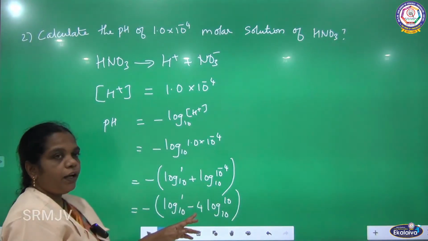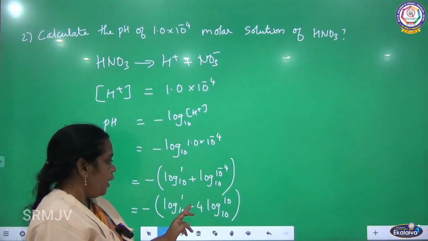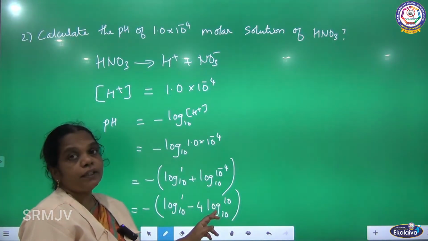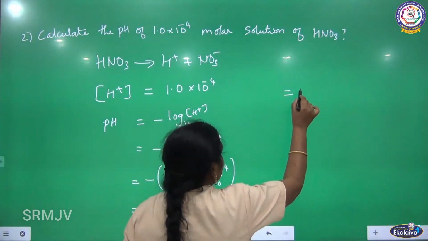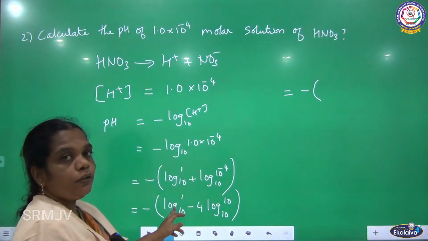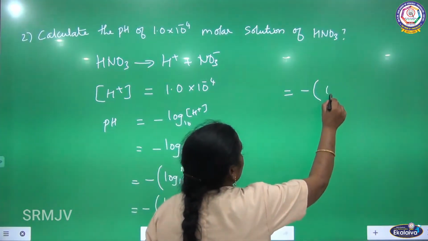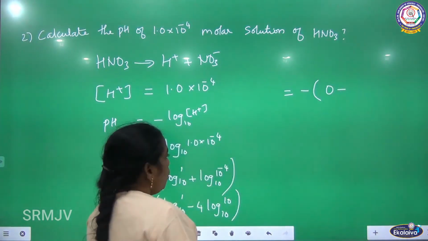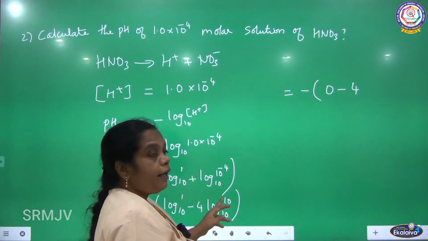Now you got the value for logarithm, log 1 to the base 10 and 4 into log 10 to the base 10. Now you can give the value as minus log 1. Log 1 to the base 10 is 0. 0 minus 4 into log 10 to the base 10.